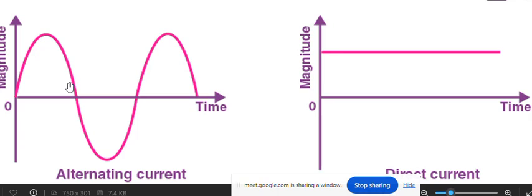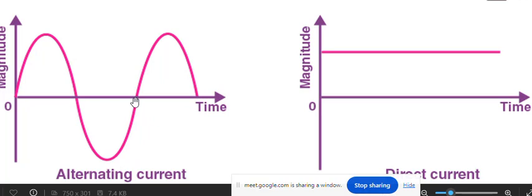It's about 50 times in 1 second. So in 1 second, we have 50 of these cycles. So it takes 1/50 seconds for the wave to complete one cycle. So between this point 0 here and this other one at this end is one cycle.